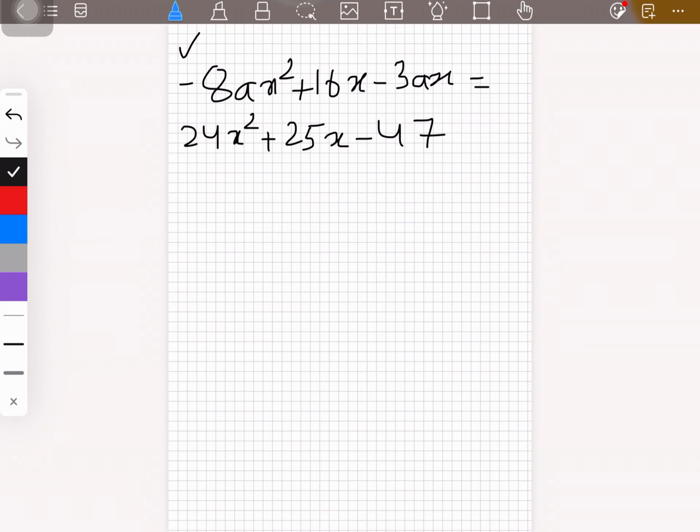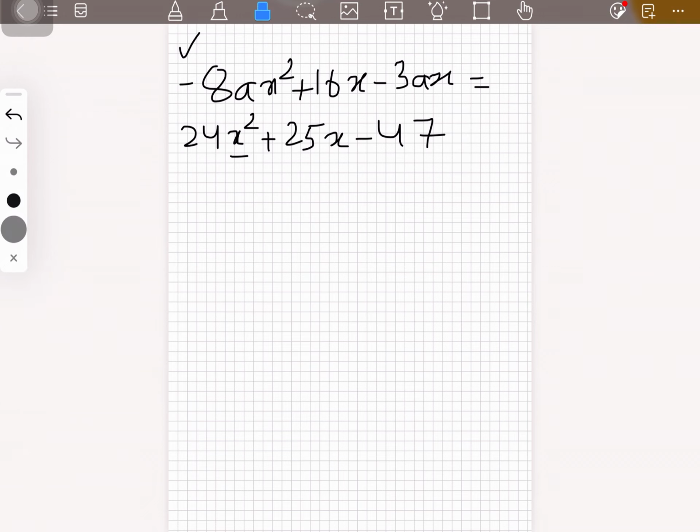And I hope you are familiar with the concept of equating the coefficients. If both sides are equal, then the coefficients of x squared, x, and x to the power 0 would be equal. You don't need to write this.